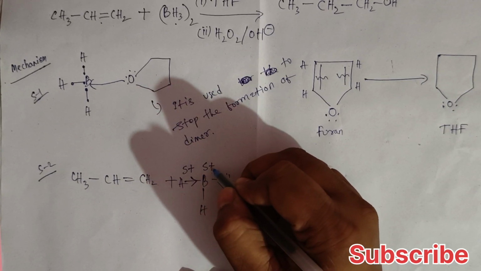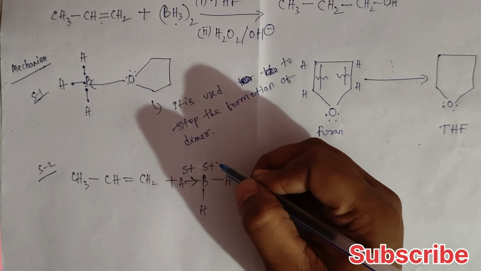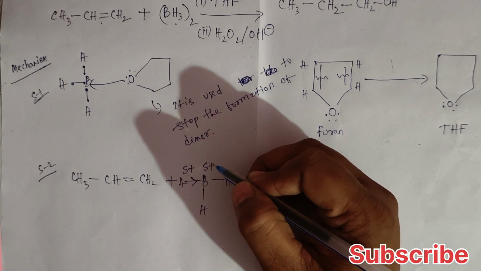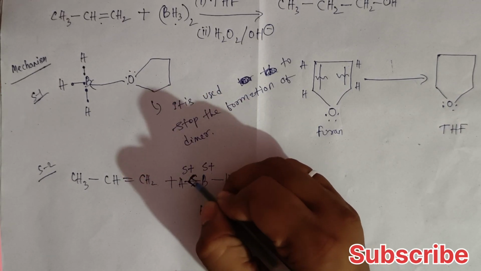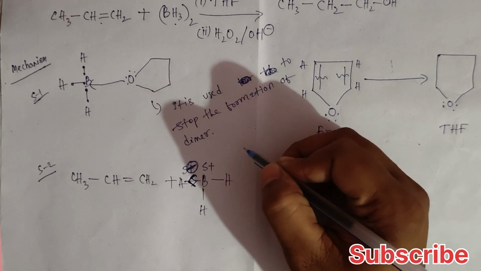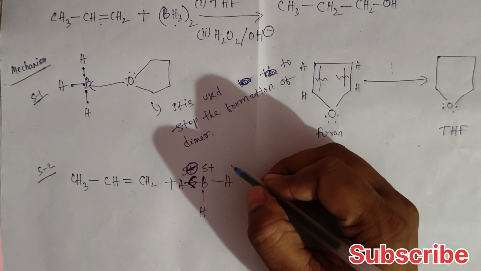So boron is a metal, it must donate electrons. That means here it must be negative. So what will happen?